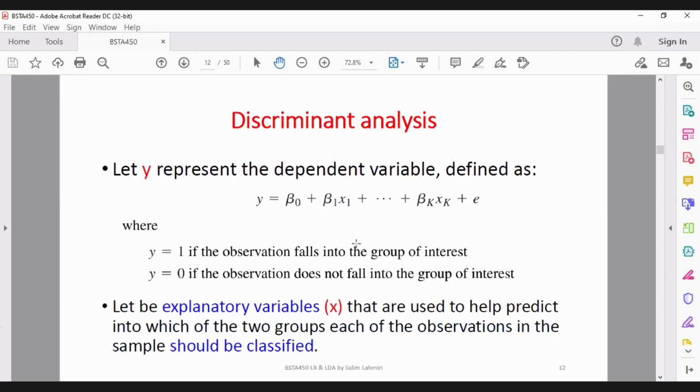Okay? And let's explore the variables x. They are used to help predict into which of the two groups each of the observations in the sample should be classified. So x is information to predict the class of y. If you do have information on x, you can get the corresponding class of y.